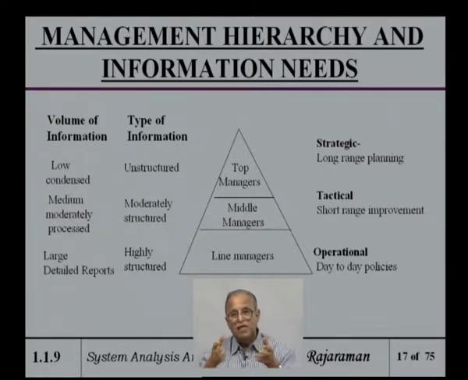Now strategic information is, for example, should I open another large Food World in a new locality, or should I expand my current shop in a given locality, because there is a great rush and a lot of sales in that place. So maybe I will have to go to larger premises and use them to sell better. So these are the types of decisions which are strategic, and the information is condensed and, as I said, unstructured.